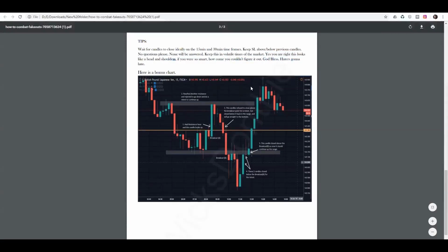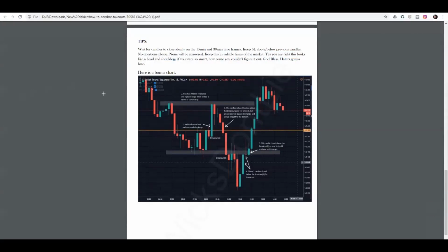So a fake out is basically a Head and Shoulders. You have something like this, price breaks down, creates a head, creates a shoulder, and then continues going up. So you can say this is an inverted Head and Shoulders, and this is a regular Head and Shoulders. Price breaks up, comes down, retests, goes back down, retests, and then continues moving down.